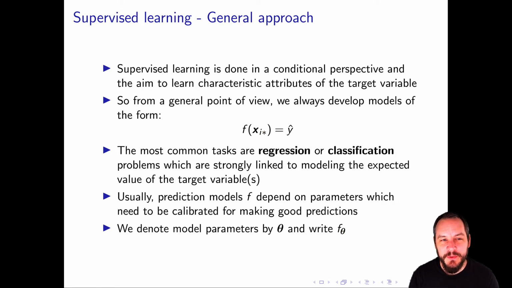So typically when we are in supervised learning, the idea is that we have certain variables, which are the feature variables, and that we assume that there is at least to a certain degree some kind of deterministic relationship to the target variable. So statistically speaking, we are always in a conditional perspective.